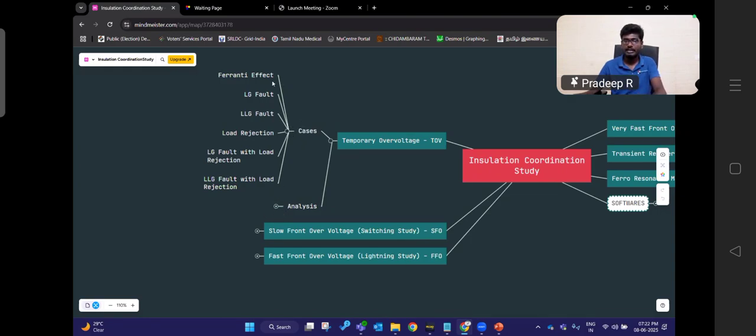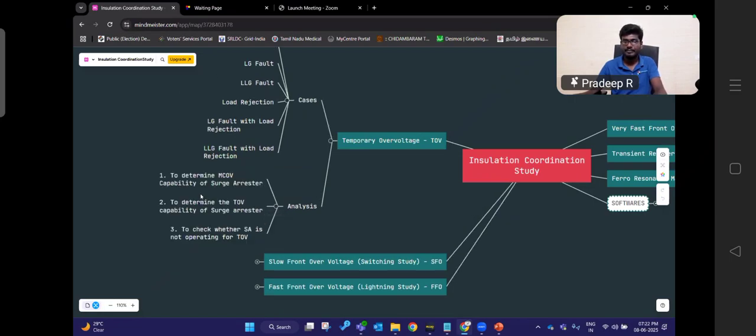In addition, what we will be analyzing in this TOV study: the first is to determine the MCOV capability of the surge arrester. This is the first and foremost thing we identify while performing TOV. MCOV means maximum continuous overvoltage.